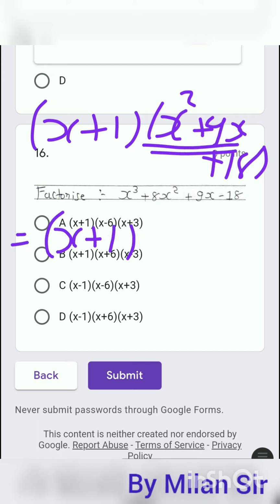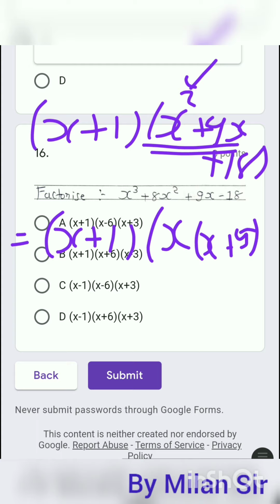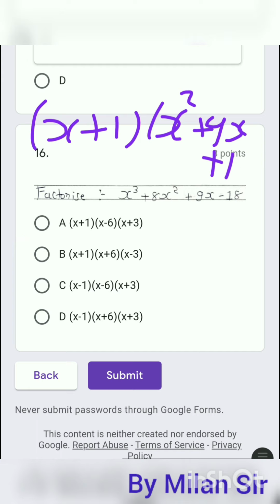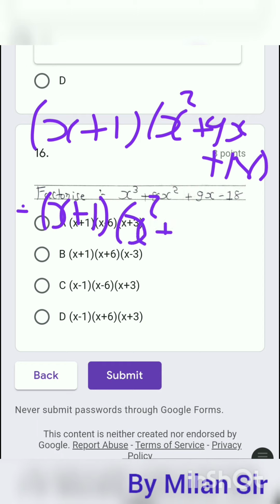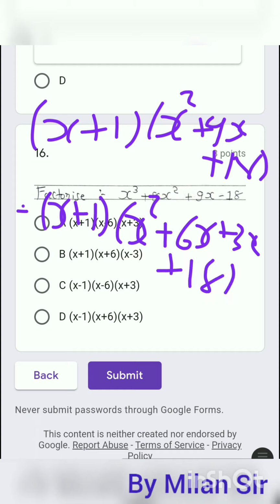First we factorize the 9x as 6x and 3x, because 6 times 3 is 18 and 6 plus 3 is 9.